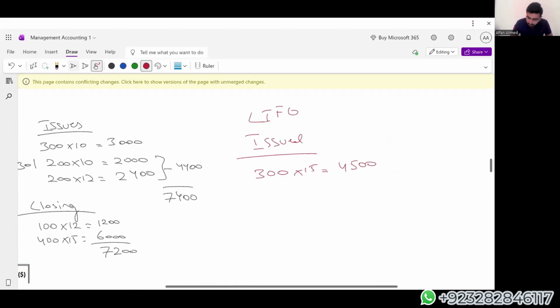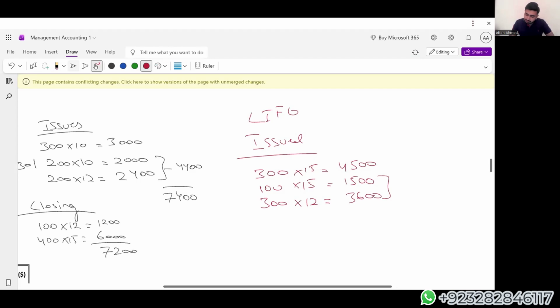So 100 at the price of 15, so 1,500. And then 300 at the price of 12. So this gives me approximately 3,600. That is basically my issues for the second one.